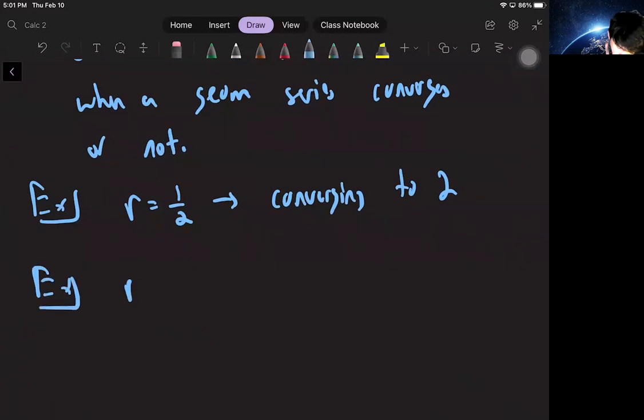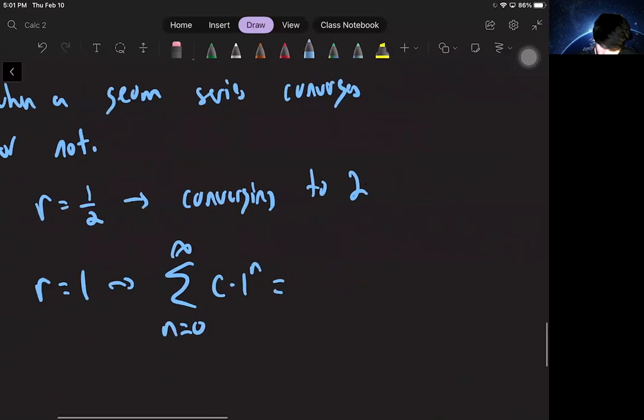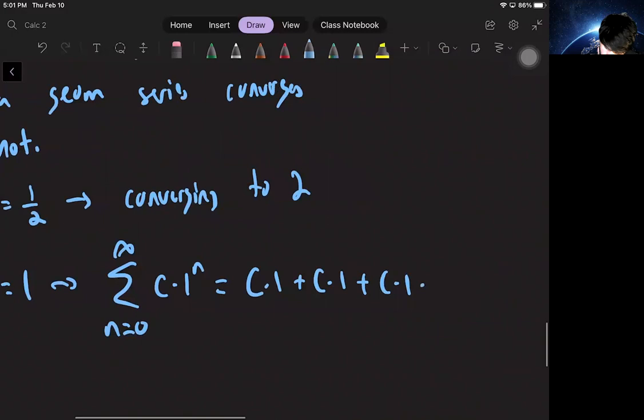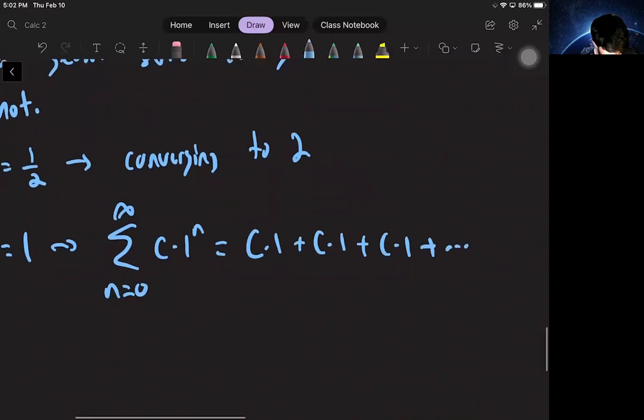What about if r is 1? Well, then we get something like this, c times 1 to the n. What would that be? That would just be c times 1 plus c times 1 plus c times 1 plus and so on forever. Does this converge?